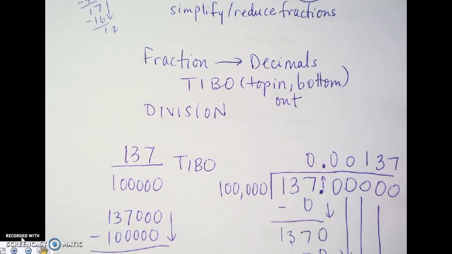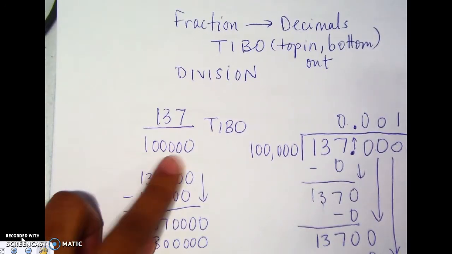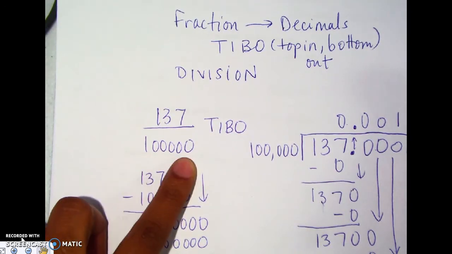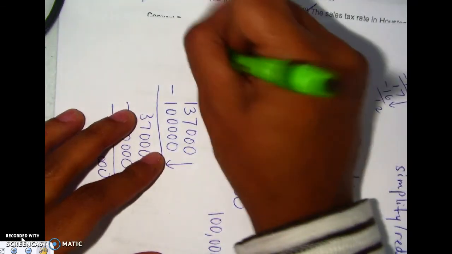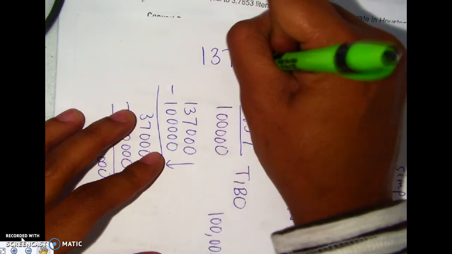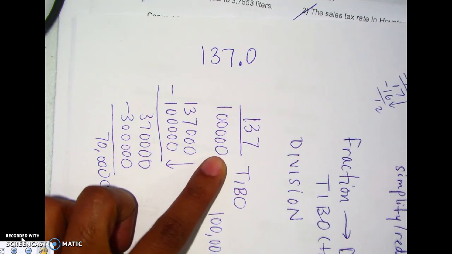All right, and again, one trick I showed in class is if you have nice even numbers like 100, 1,000, 10,000, 100,000, with the zeros, you just write the number. So I'm going to see if I can do it sideways here. You just write the number 137. The decimal is in the back, and because we are dividing by such a big number, our number is going to get smaller.